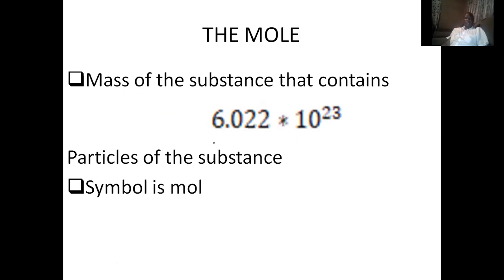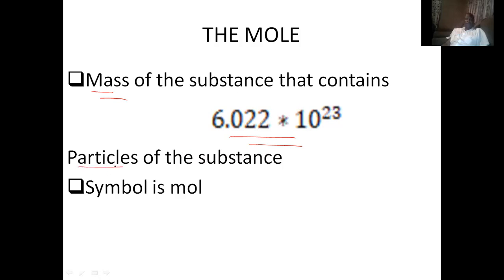So what's important here is to know that it can also mean a mass. A mole can be the mass of a substance that contains the Avogadro number of particles.